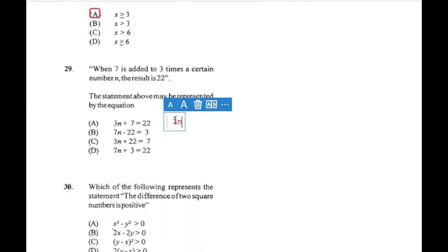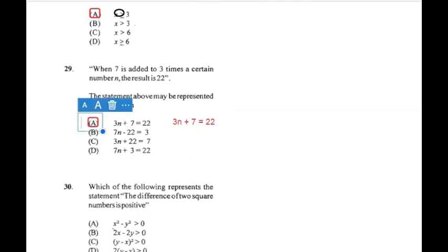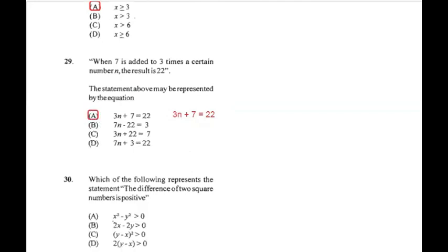So it's 3 times a certain number n, so it's 3 times n, and 7 is added to that and the result is 22. So it's about reading and understanding the question, and while reading, whatever you understand, you ensure that you write it down. So the answer for 29 is A.